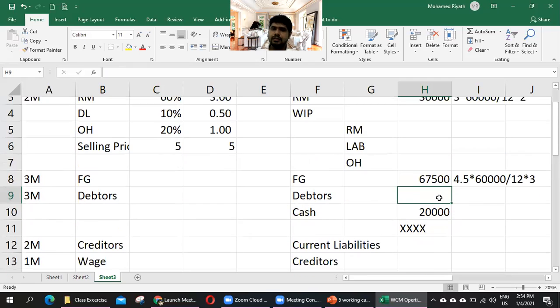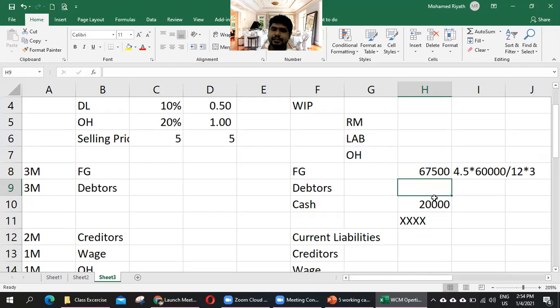So when we get the debtors balance, we have to take not the selling price, but the price before margin. It means the cost of production, the cost of sales.